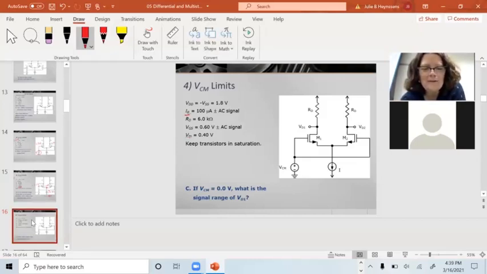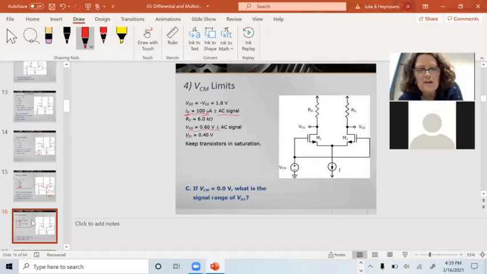The ID that's specified here is the DC ID. Remember, I can add plus or minus AC signal to that. So at any given point in time, the current may not be 100 microamps. It may be 100 microamps minus 20 microamps or whatever, depending upon how linear it is. So the total ID can change based upon the value of the AC signal.